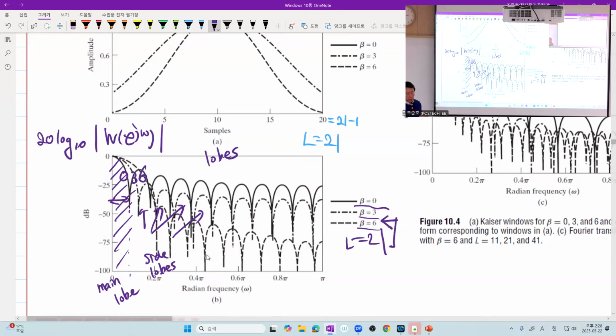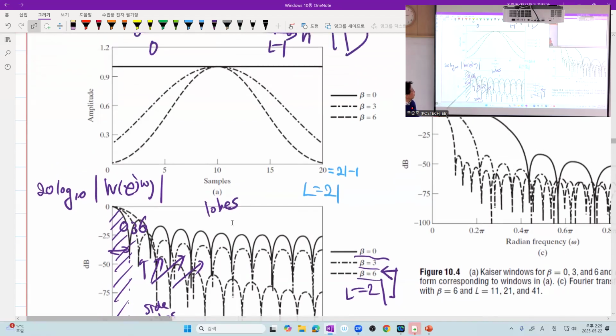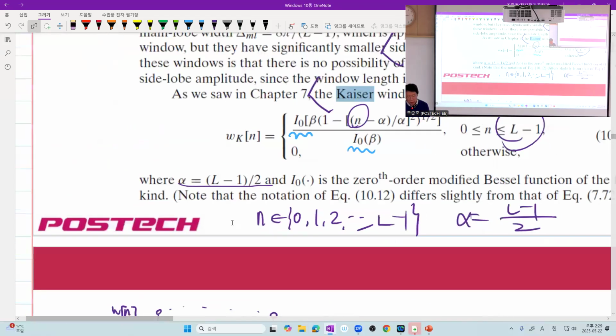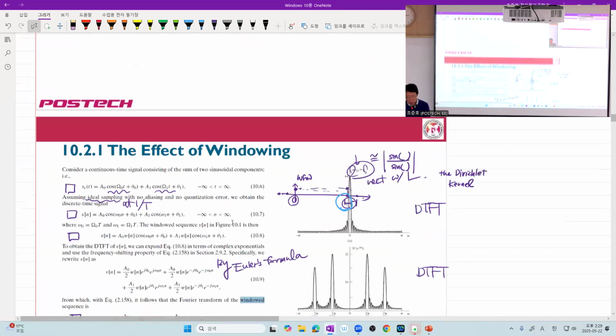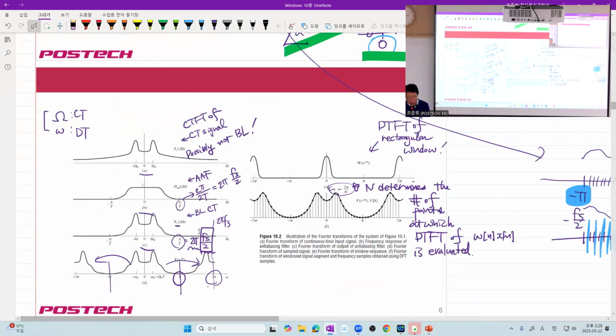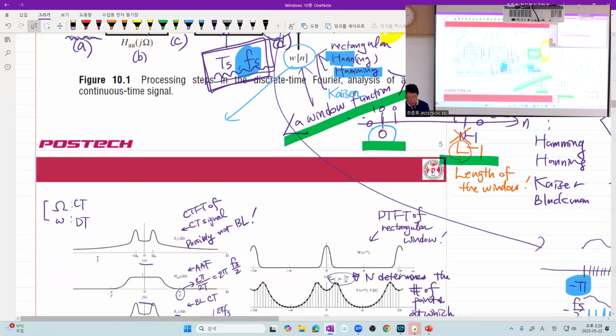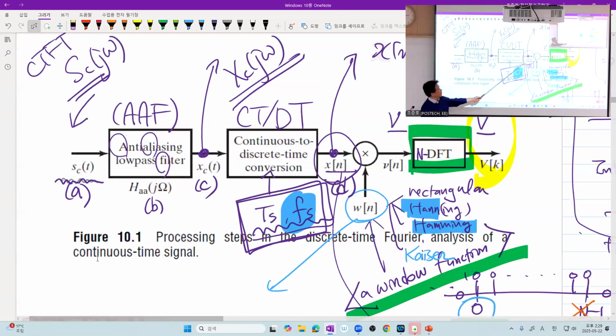So as you see in the frequency domain, the increasing beta makes the width of the main lobe larger and larger. In that sense, it's not good, because we are going to circularly convolve the DTFT of the window function with the incoming DT signal.